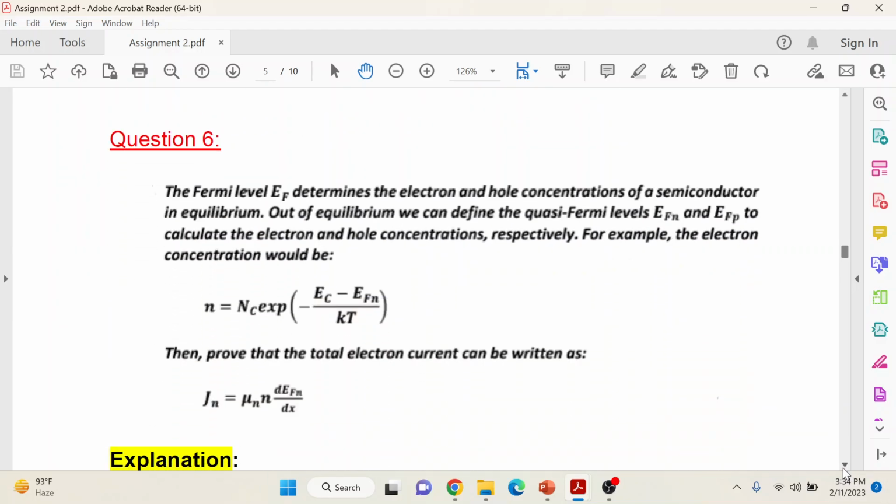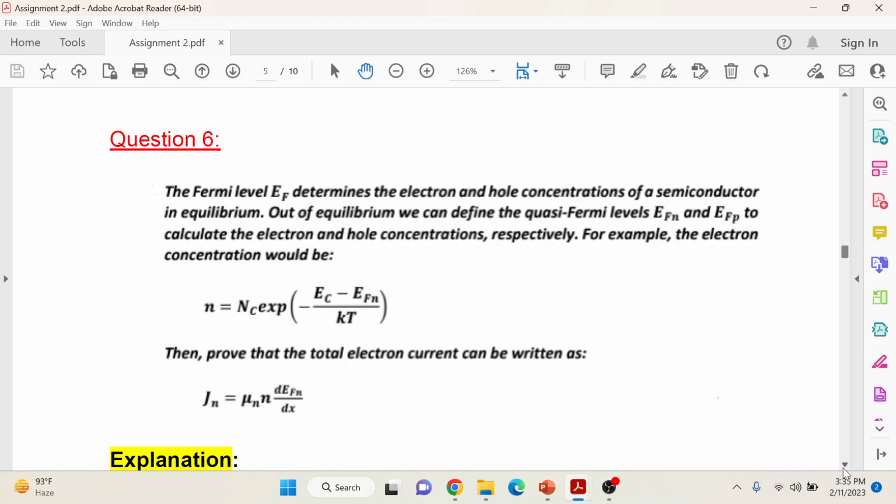This question number 6 is actually a theoretical question. It says that the Fermi level EF determines the electron and hole concentrations of a semiconductor in equilibrium. Out of equilibrium we can define the quasi Fermi levels EFn and EFp to calculate the electron and hole concentrations respectively.